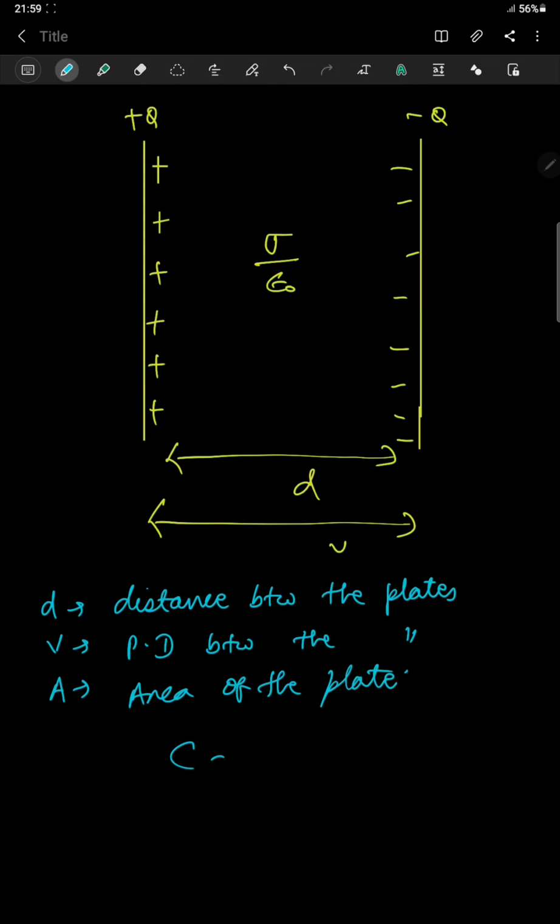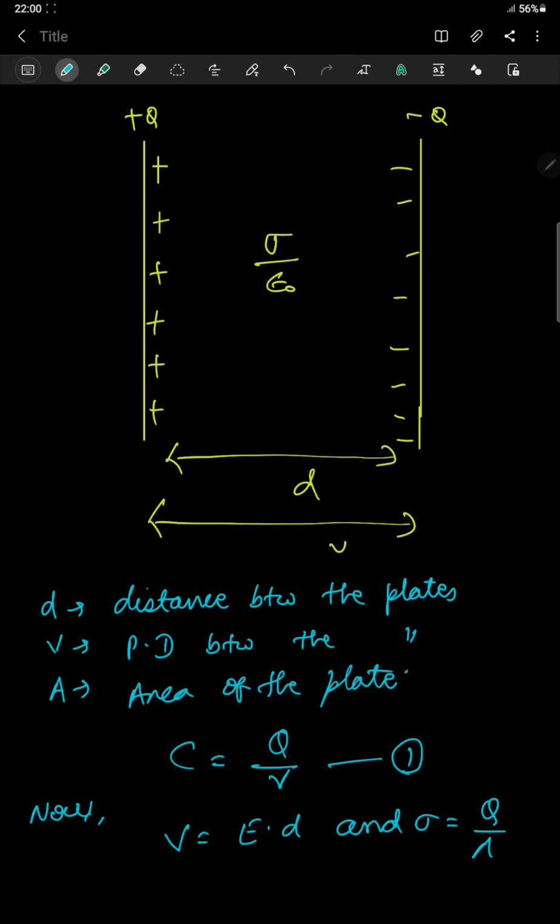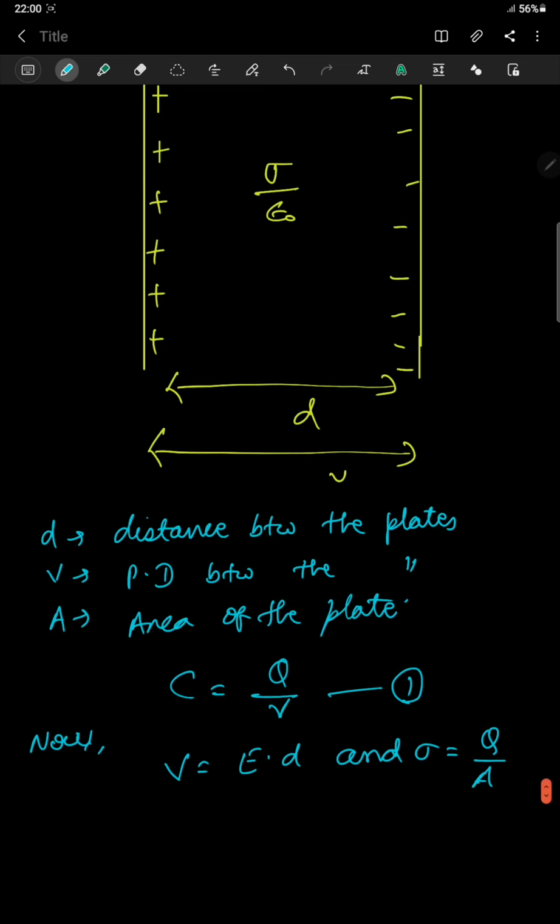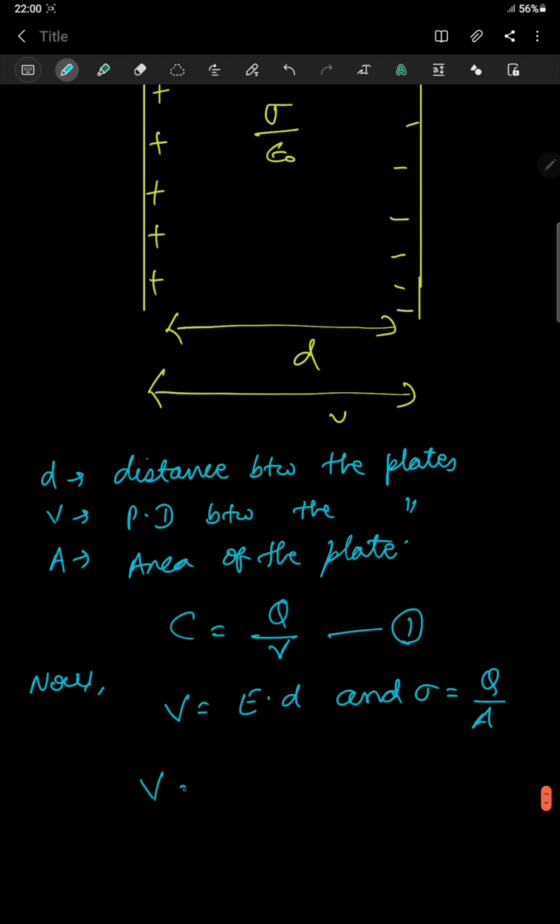Okay, so now let us go on finding the capacitance. We know capacitance is equal to charge per potential. Let us call it equation 1. Now we also know that V is equal to E into d, and the surface charge density sigma will be Q by A. So let us put V equal to E into d, and what is the electric field between the parallel plate capacitor?